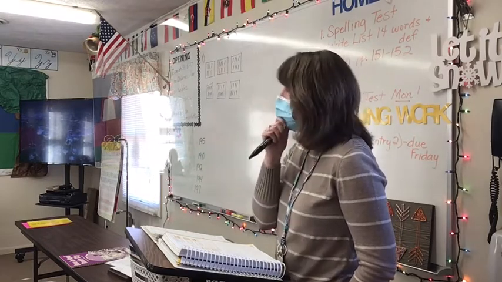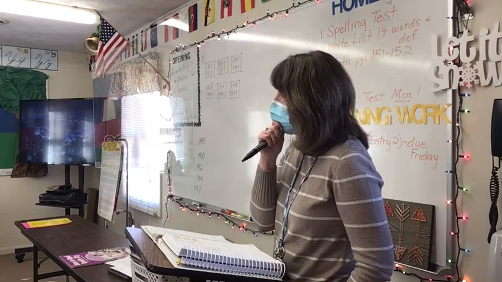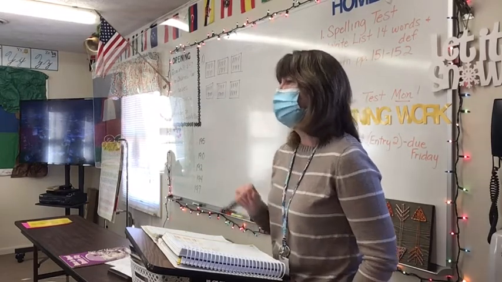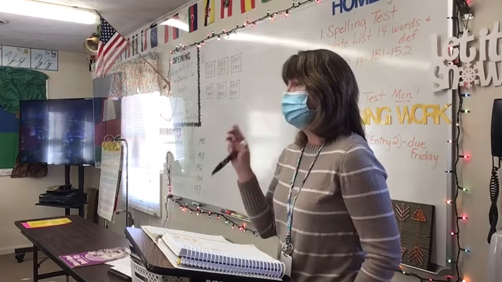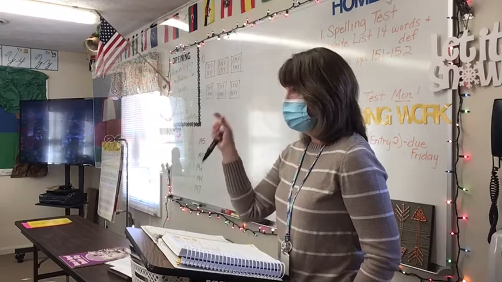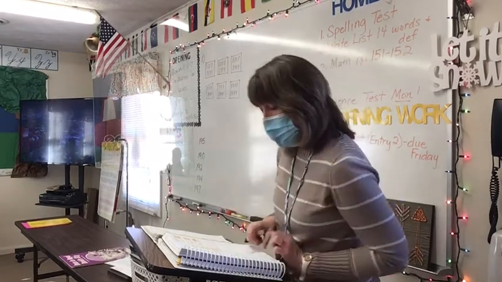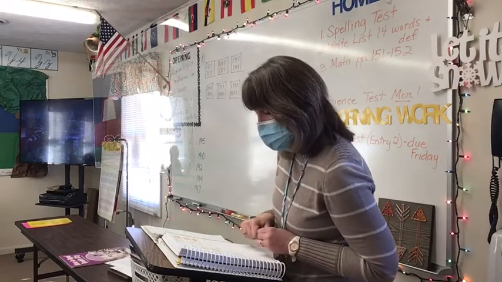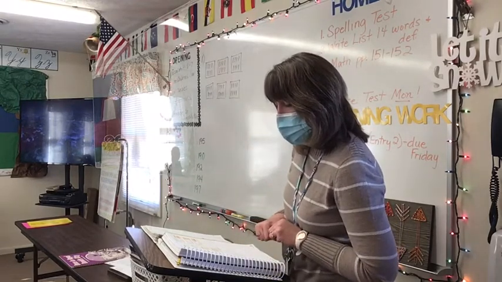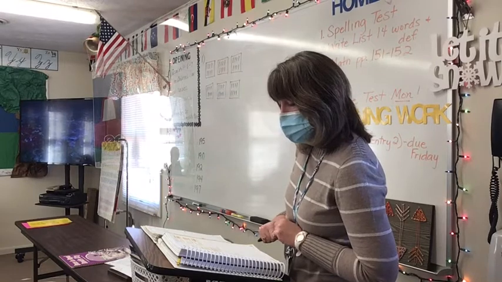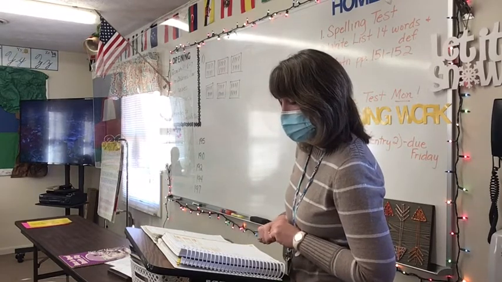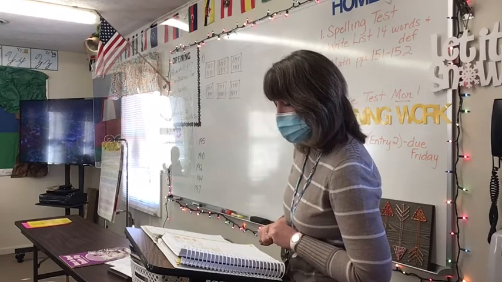Is that the right property? Yeah. So associative. Yes. Associative. So the 63 stays the same, but you can switch the 9 and the 7 and change the label. So what could we write that would make that true? 63 divided by 7 equals 9 rows.